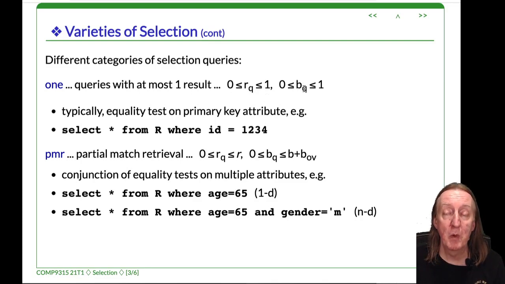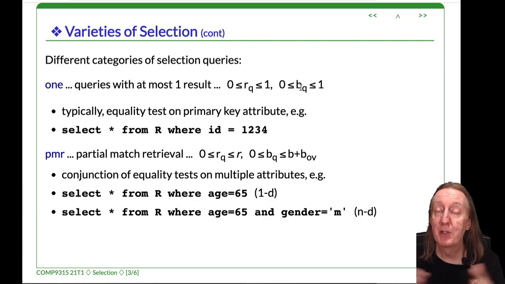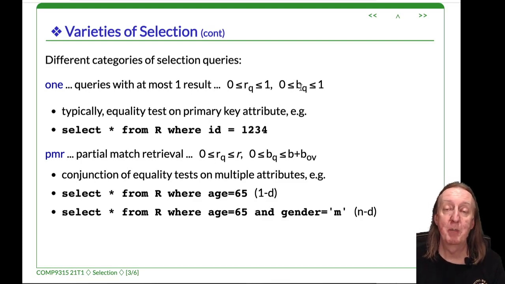So if we've got one matching tuple, it's located on one page. Whether you have to read multiple pages to find that page is a separate issue, but we know for sure one tuple will be on a single page. And the classic example of that is testing for a particular primary key value. So that example there.